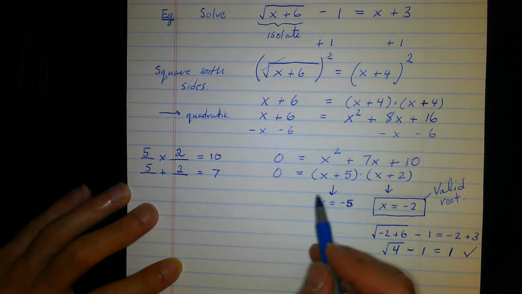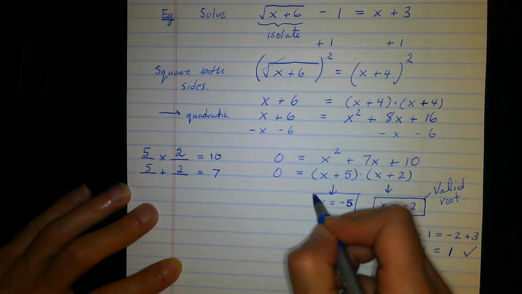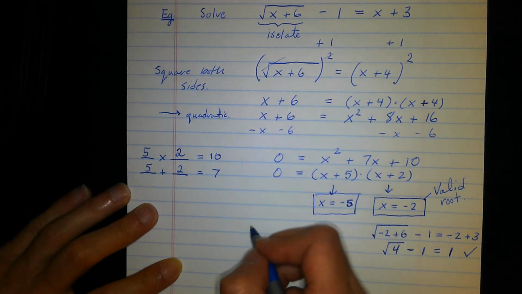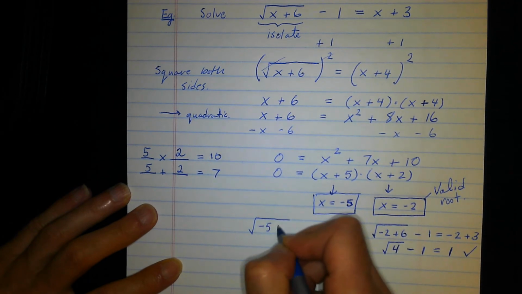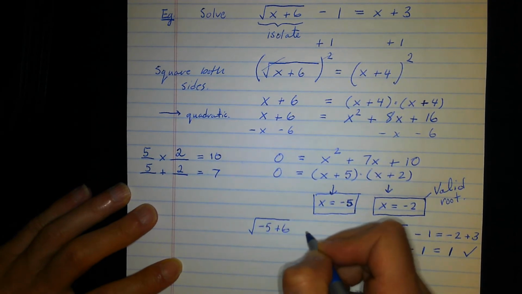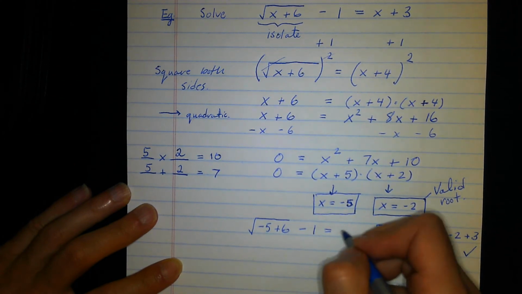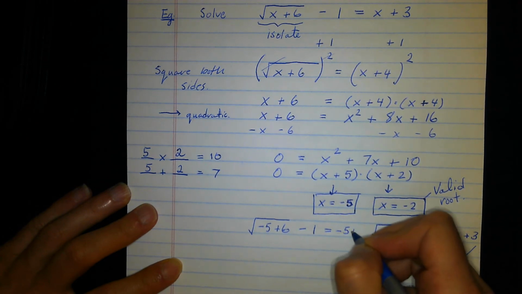Okay, now if we check x equals minus 5, what do I get? I get the square root of minus 5 plus 6 minus 1 equals minus 5 plus 3.